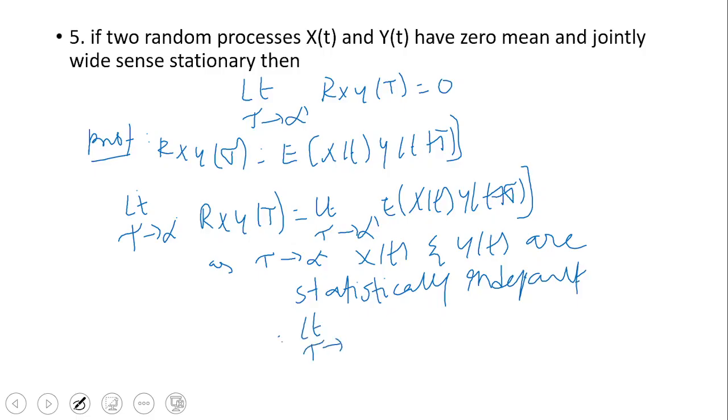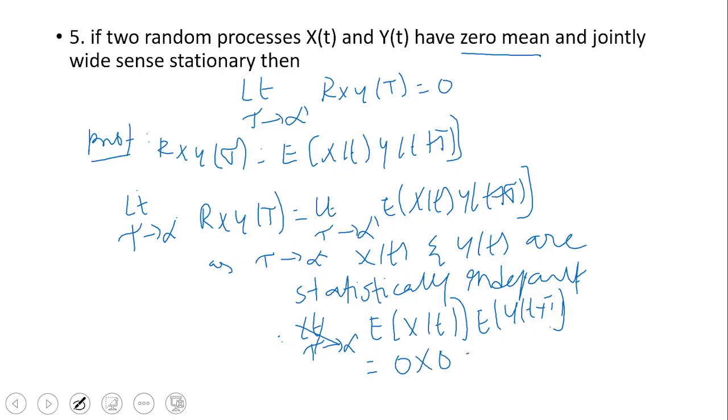Limit tau tends to infinity, E of x of t, y of t plus tau, I can write separately as E of x into E of y. So E of x of t into E of y of t plus tau. What they had given is zero mean, so it is 0 into 0, that is equal to 0.